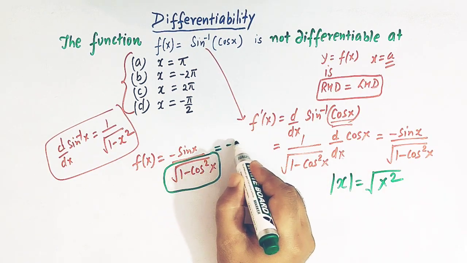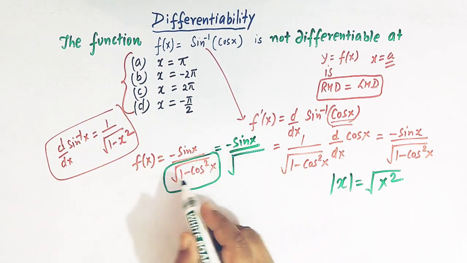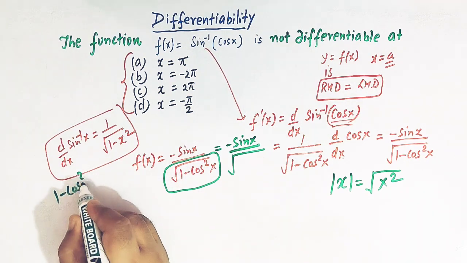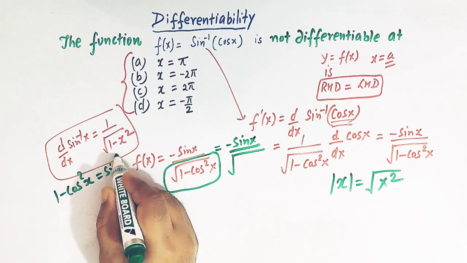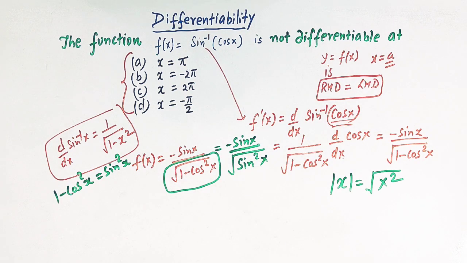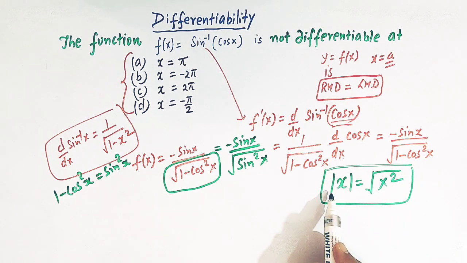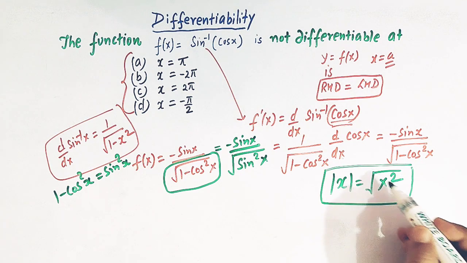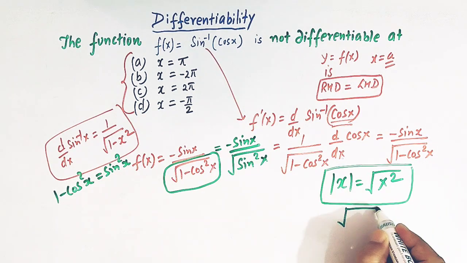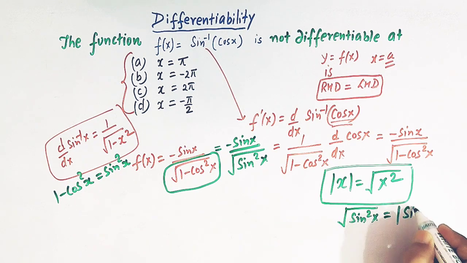From trigonometry, 1 minus cos square x is equal to sine square x, so we have square root of sine square x, which may be replaced by mod of sine x.